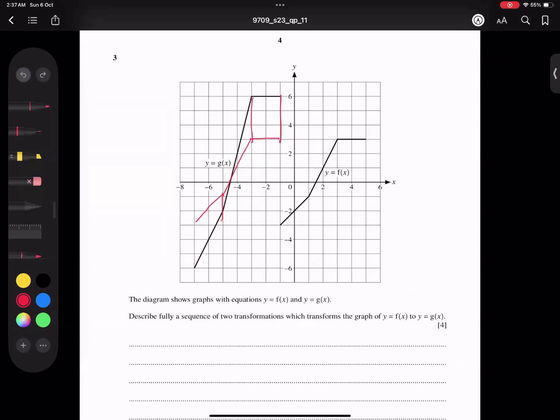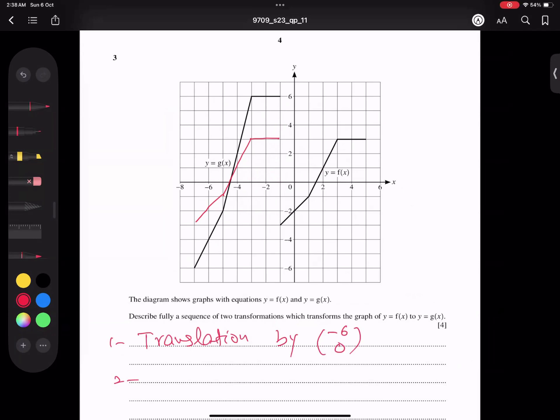Then there is a stretch parallel to the y-axis. Okay, so first is translation, 1, 2, 3, 4, 5, 6. So 6 for translation by -6 and 0.